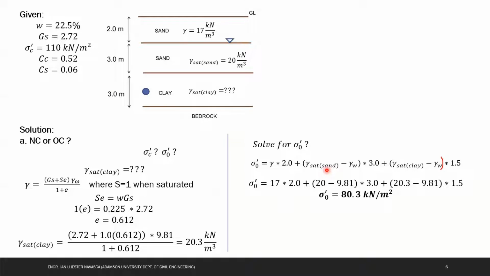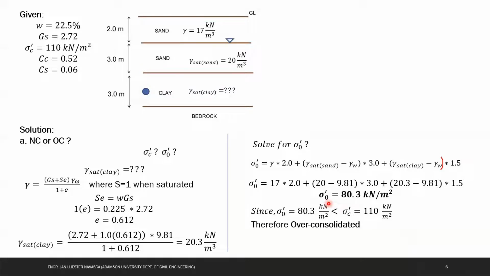Now comparing our effective stress to the pre-consolidation pressure of 110, we can say that the effective stress is less than the pre-consolidation pressure. The condition: if the pre-consolidation pressure is greater than the overburden, or the overburden is less than the pre-consolidation pressure, then that is over consolidated.